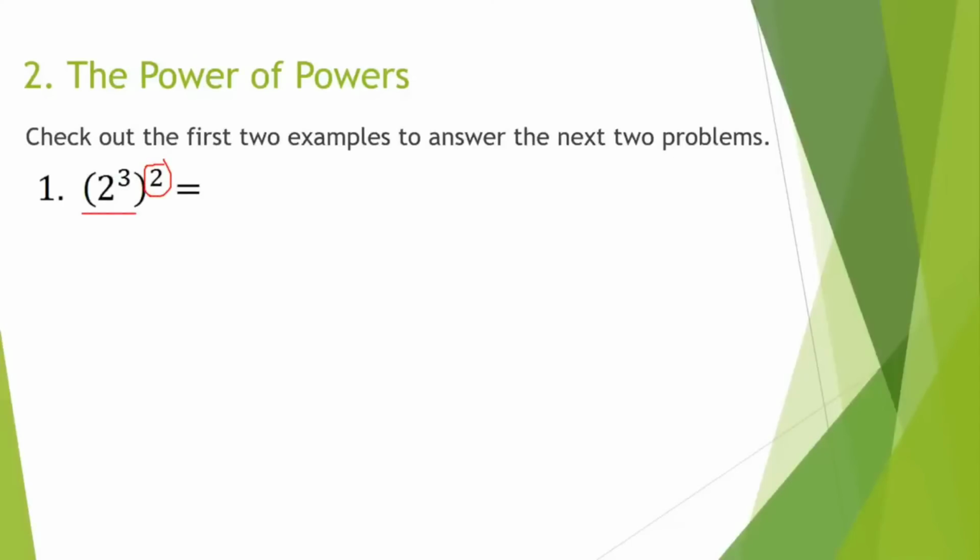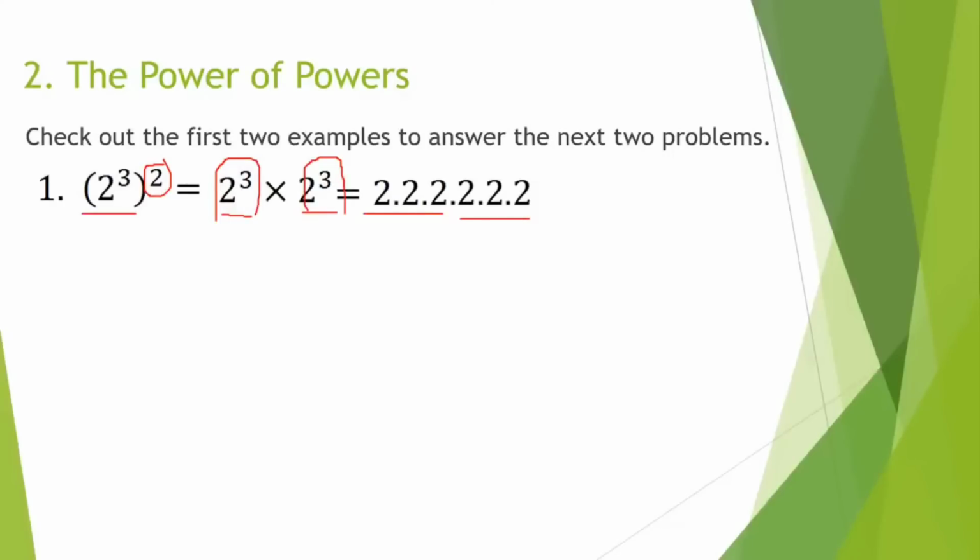That means that when we apply the first rule, if we expand it, we will have 2 cubed times 2 cubed. But we can still expand 2 cubed and 2 cubed. So 2 cubed can be written as 2 times 2 times 2, and the other one can also be written as 2 times 2 times 2. So when we rewrite that as an exponential expression, we will have 2 raised to 6.